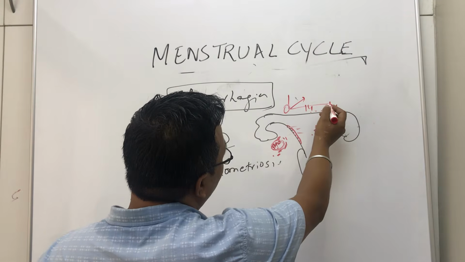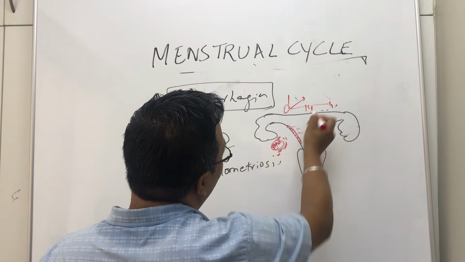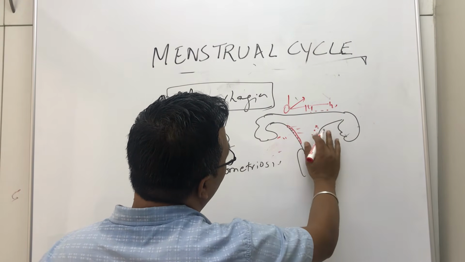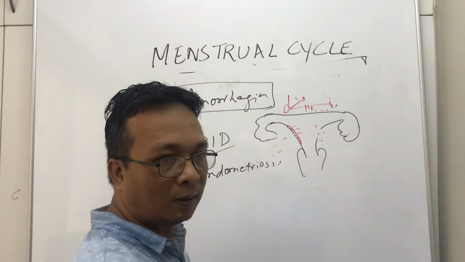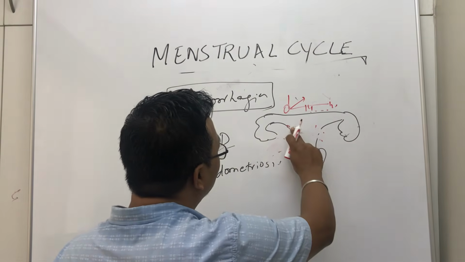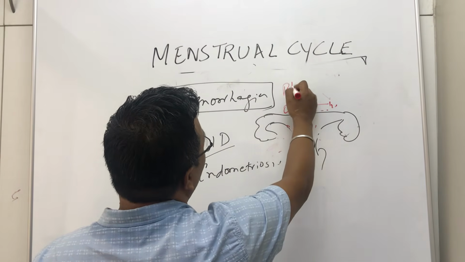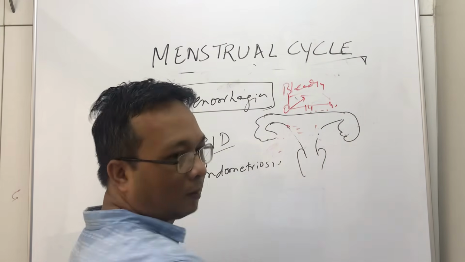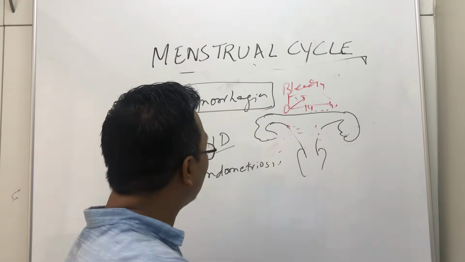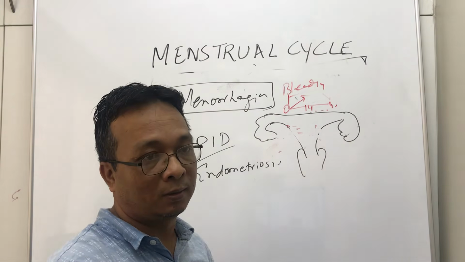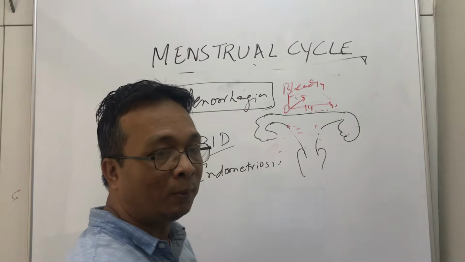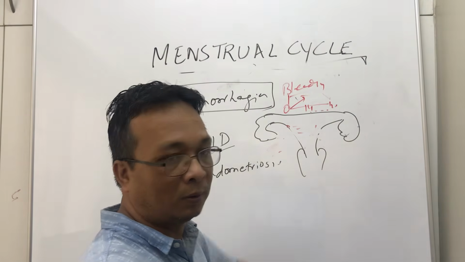Not only here, it will also grow there, because they are all under the influence of estrogen. And at the end of the 28 days, when progesterone goes down, this will also slough. You understand? Not only this will go down, this will also slough, so there is excessive bleeding. So it is one of the common causes in young women. Endometriosis means ectopic endometrial tissue.